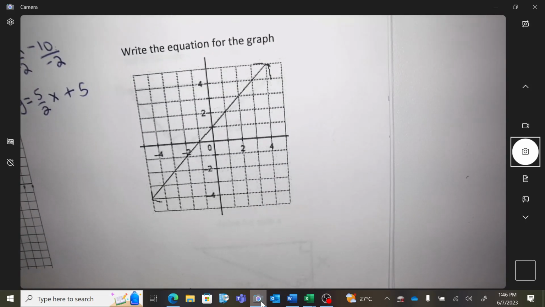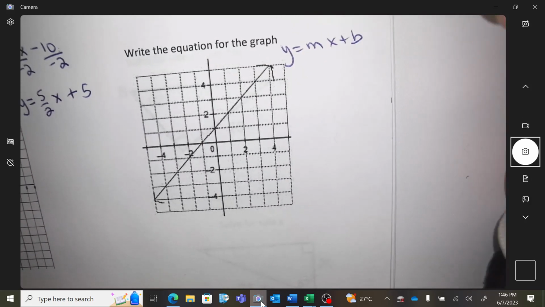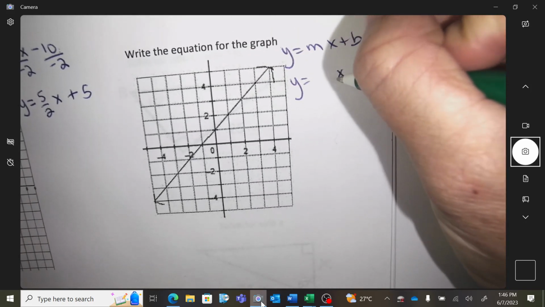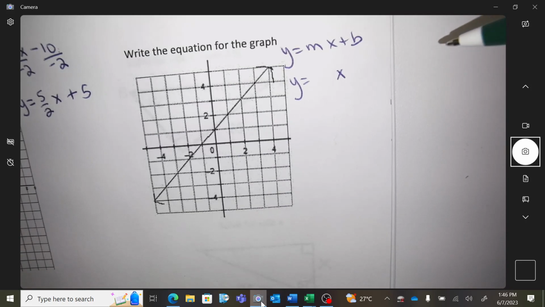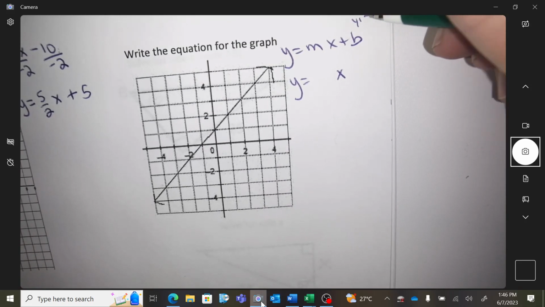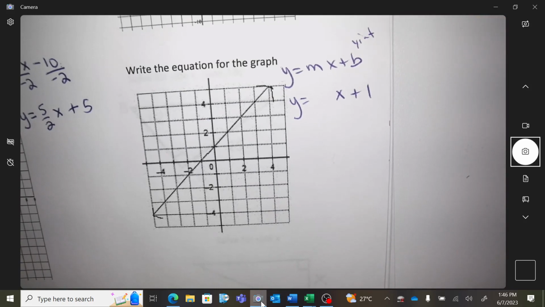So write an equation. I'm going to use y equals mx plus b as my format. Y equals something x plus b. Okay, what is the y-intercept? Let's do that first. What is the y-intercept? So plus 1 is at the end.